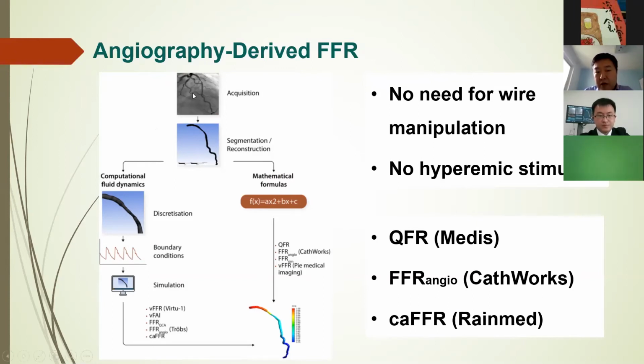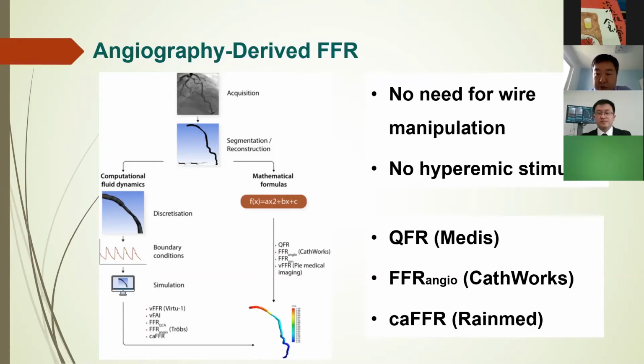The year before last year, we proposed a new technique using a CFD model to calculate the FFR. And the CFD model is specially designed. Our calculation time is only 15 to 30 seconds. Using the angiography-derived FFR, we don't need wire manipulation.